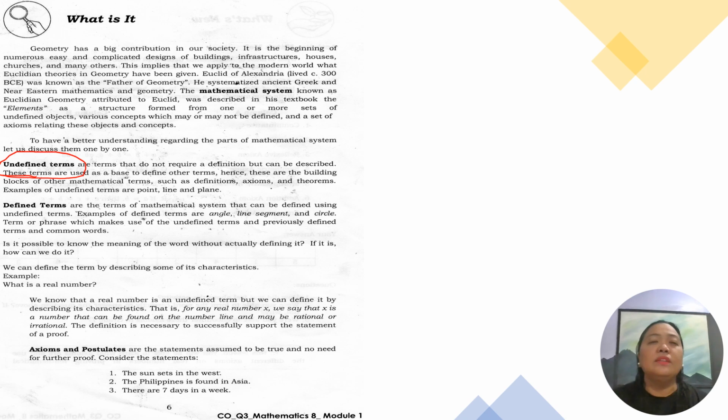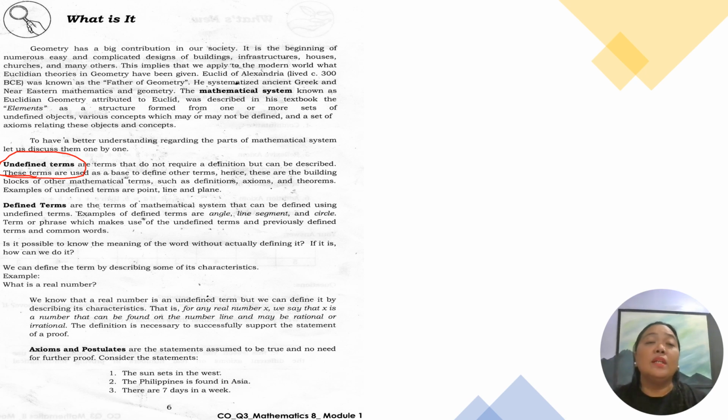What is an undefined term? These are actually terms that do not require formal definition, but they can be described. You can describe them how you see them. The terms are actually the base to define other terms.